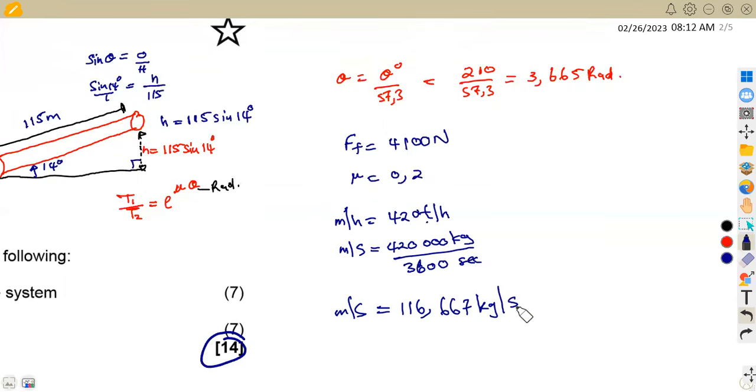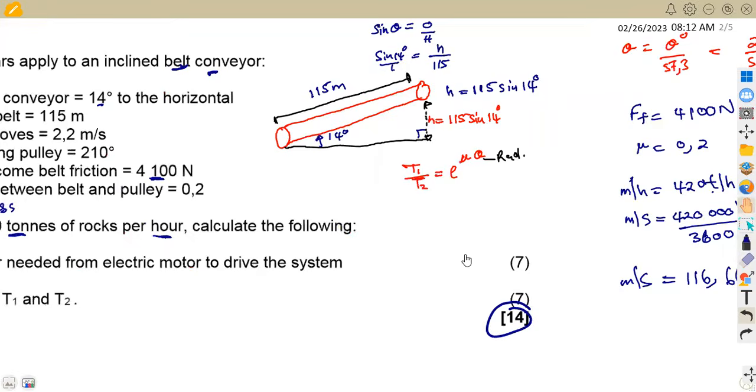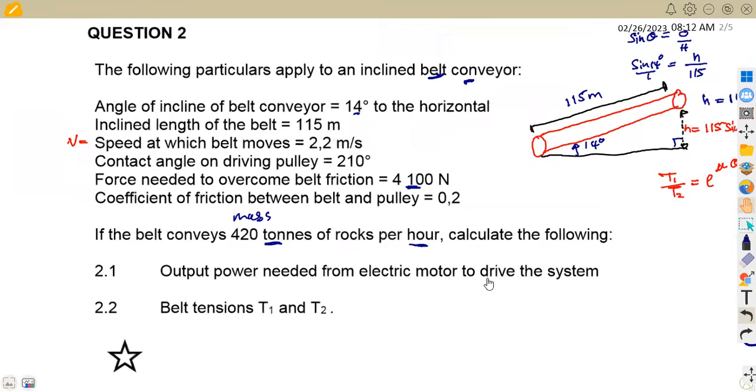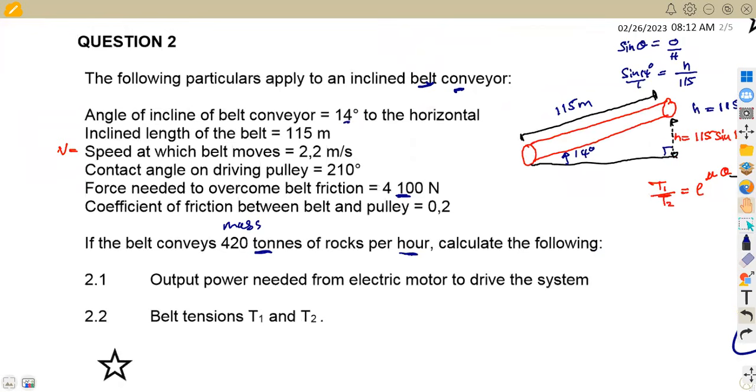The application simply tells us that we have got a mass per unit second, so this does not even affect our calculations. The question is to calculate the following, which is 2.1, the output power needed from the electric motor to drive the system.